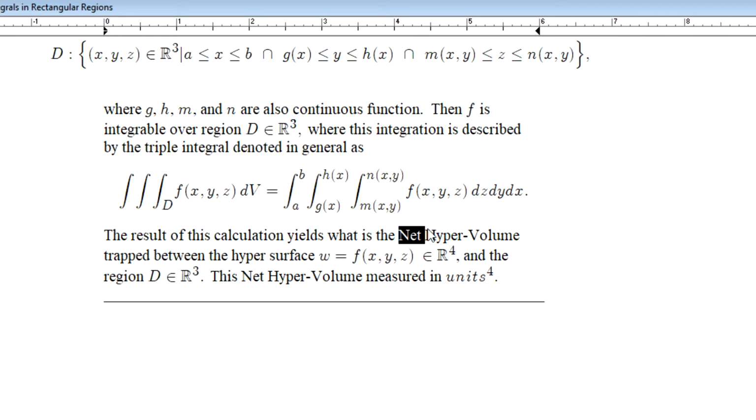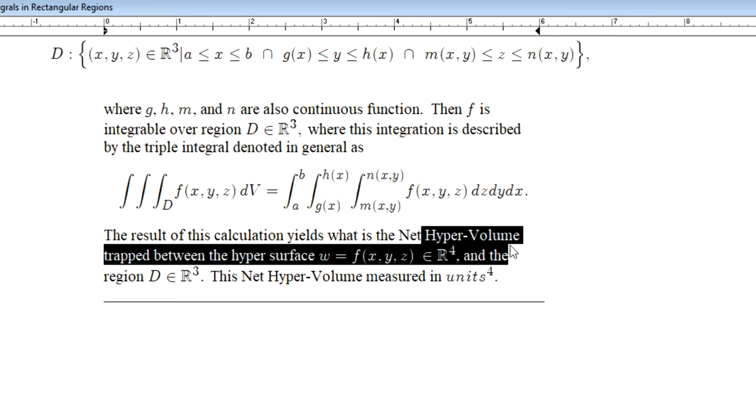So here in hyperdimensional space, this can occur above and below this solid D, where some of that volume accumulating above it would be considered in the positive direction, and some of that hypervolume being accumulated below it would be occurring in the negative direction. And we have this concept of, well, some of the positive will cancel with some of the negative, leaving behind what would be considered the net value, right? And here it is going to be this net hypervolume.